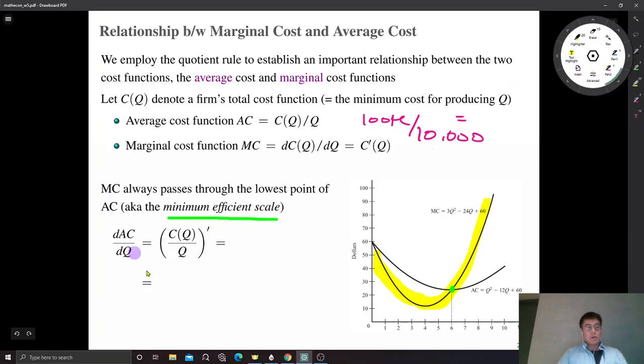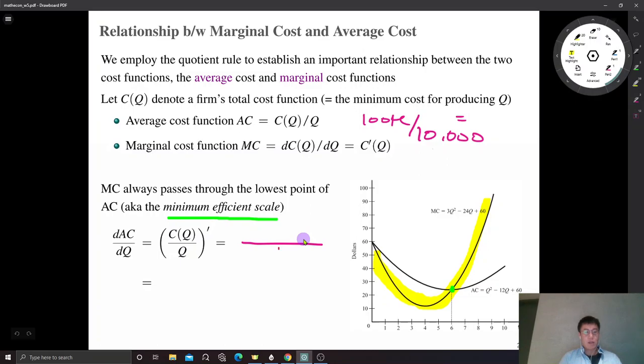So in order to demonstrate, we take the derivative of the average cost function with respect to Q. The average cost function is defined as total cost divided by quantity, and then we take the derivative. Using the quotient rule, the top and bottom are functions of quantity, so to find the derivative we use the quotient rule.